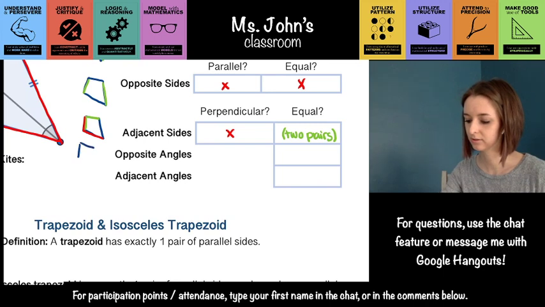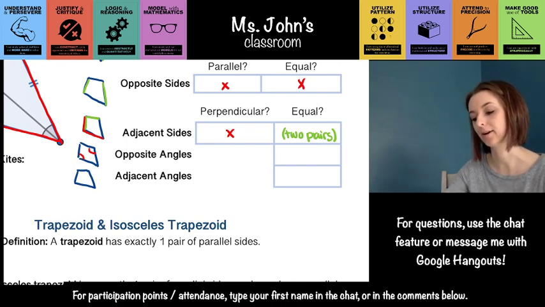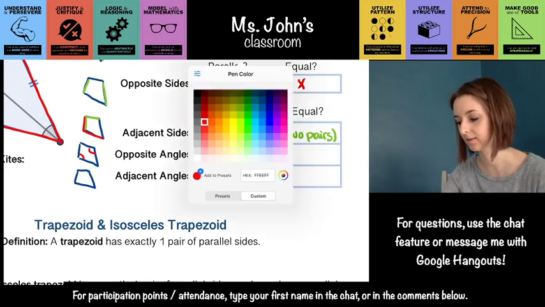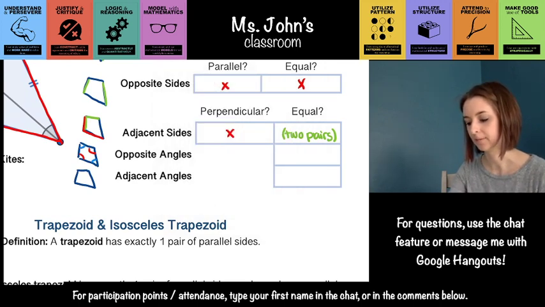Opposite angles. Okay, wait. Here's a pair of opposite angles. This is also a funky one. Notice, this is why I don't love kites. Kites just throw a wrench in my beautiful little plan.